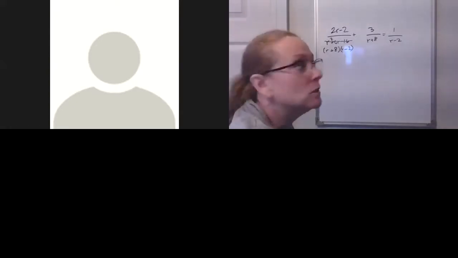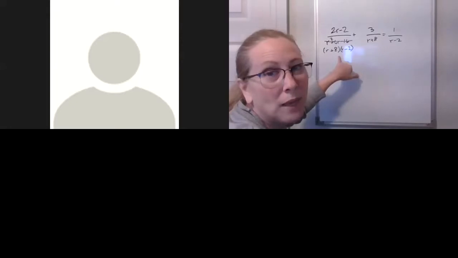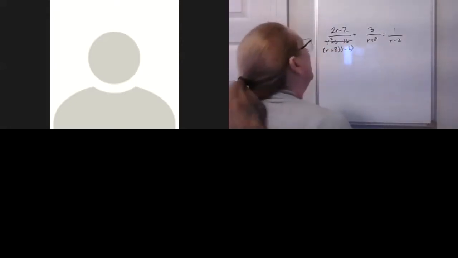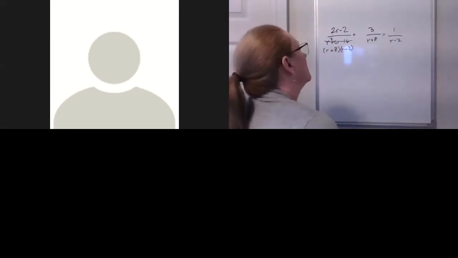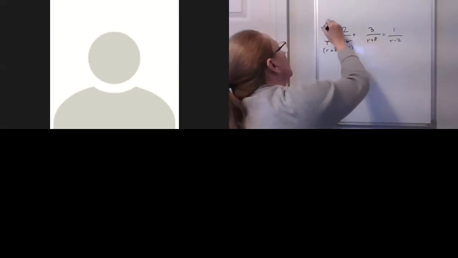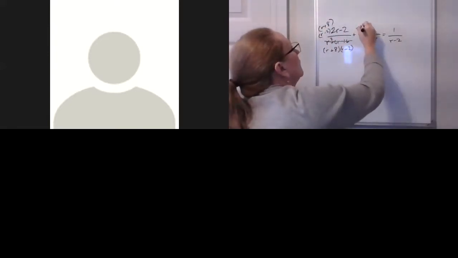So typically when you see other factors that are very similar, you want to try those out. Now, since we have r plus 8 and r minus 2 as our factors, just slide them in here and here.